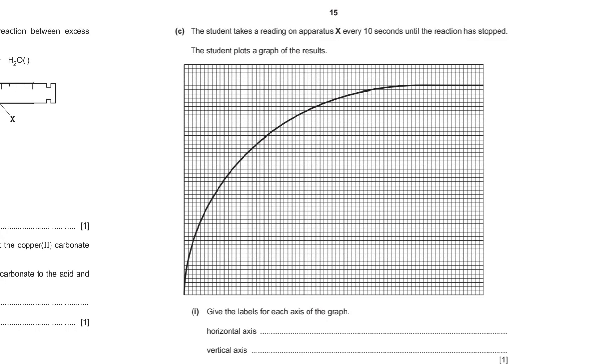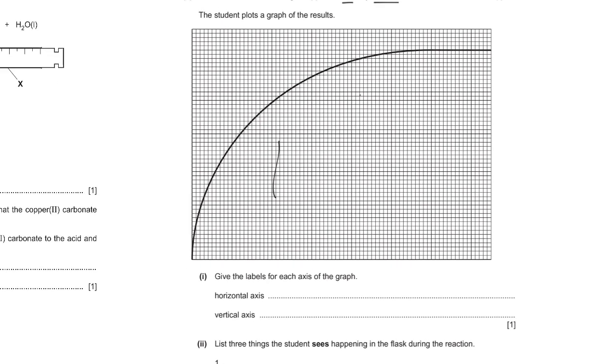Okay, the next part of this question is the student takes a reading on the apparatus X after every 10 seconds. So he's collecting the volume of gas after every 10 seconds until the reaction has stopped, and he has plotted a graph of the results. Give the labels for each axis of the graph.